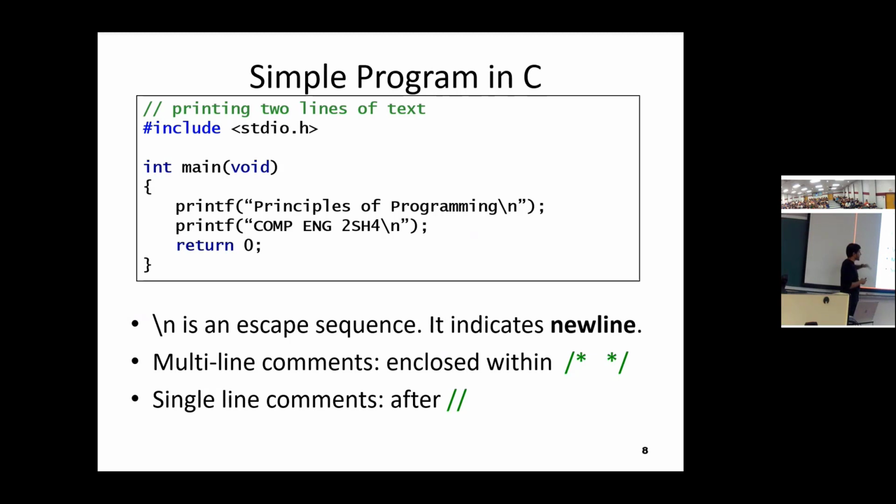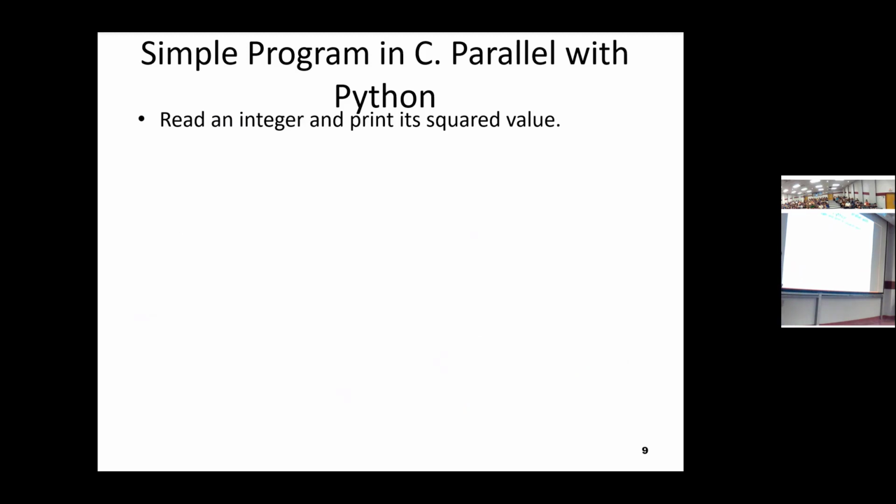If I want to add a comment, for example here at the beginning, I have a comment called printing 2 lines of text. I can use these 2 slashes, or if I want a multi-line comment, I can use the slash with the asterisk. Good?